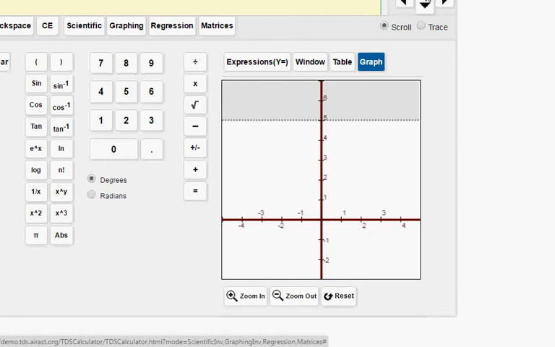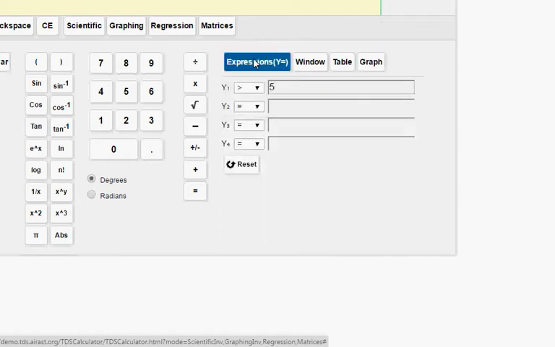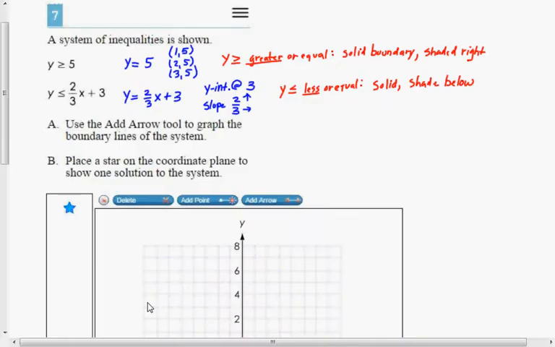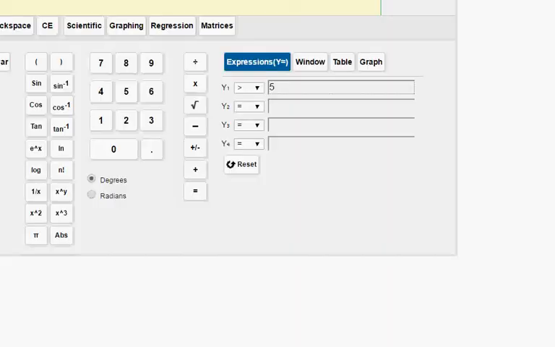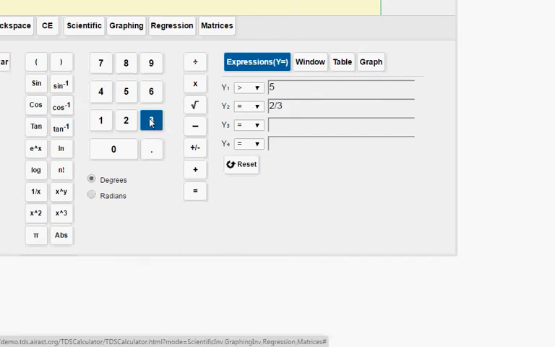All right, so then let's go and graph the other equation. That equation said y is less than or equal to 2/3 x plus 3. In here, I don't have a real fraction, but I can use the division sign: 2 divided by 3, 2/3 x, and then plus 3.